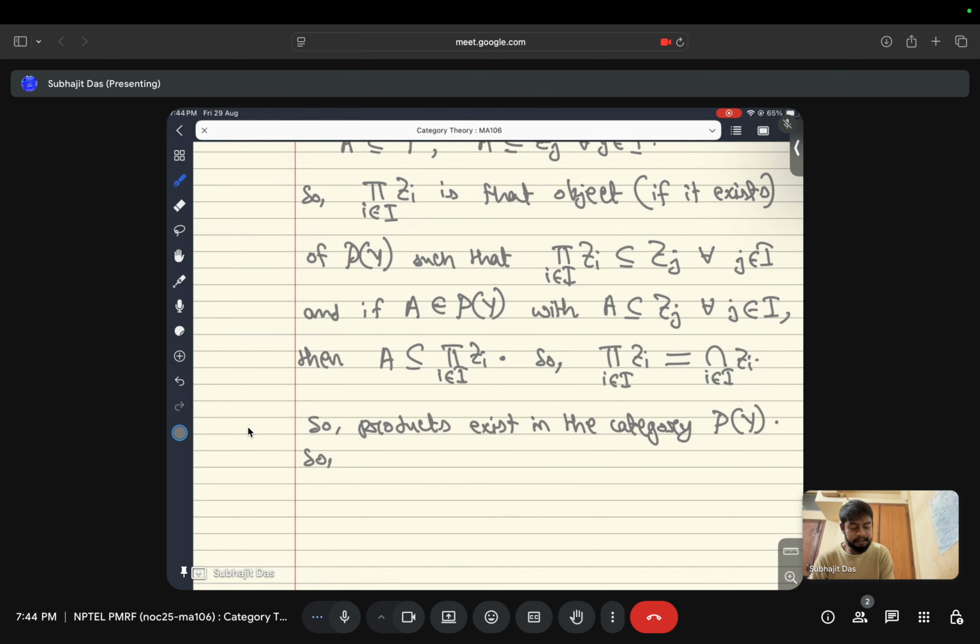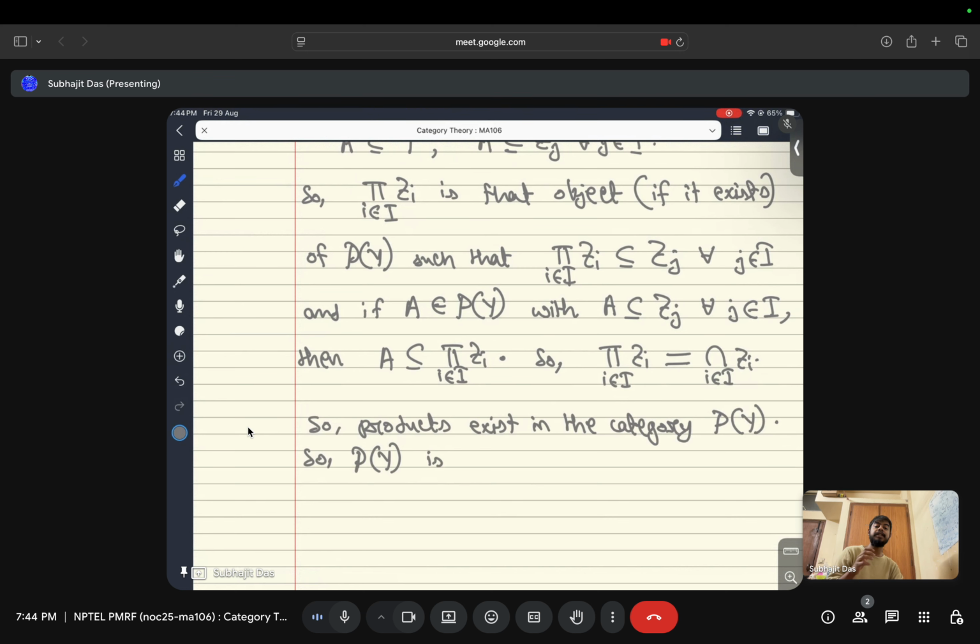So PY has coequalizers as well as arbitrary products. And by the way, it also has a terminal object. What is the terminal object? That is exactly Y. In fact, you can also understand this because the terminal object is the limit of the unique functor from the empty category to your category.